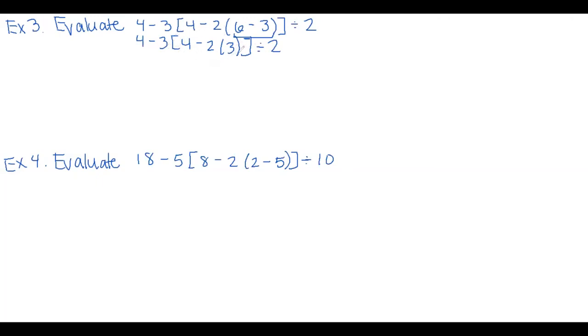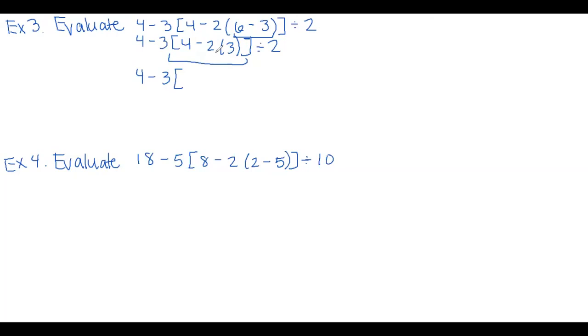Now we need to look inside of our bracket. Inside of our brackets, we have negative 2 times 3. So before we can subtract, we have to multiply. These principles still work even inside of brackets and inside of parentheses.